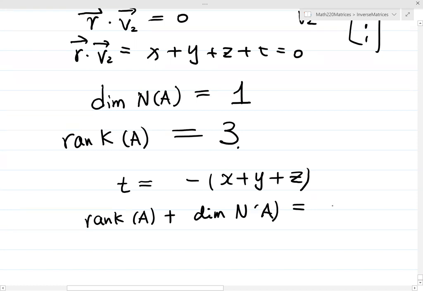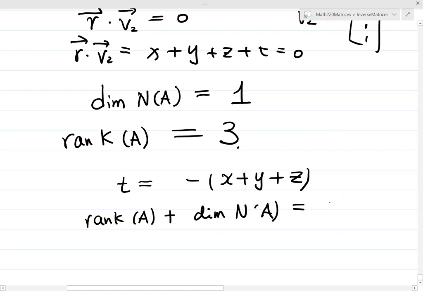Here x, y, z are free variables. The only condition is x plus y plus z plus t is 0. So x, y, z are free. For instance, we need to arrange x, y, z such that the rows have rank 3.